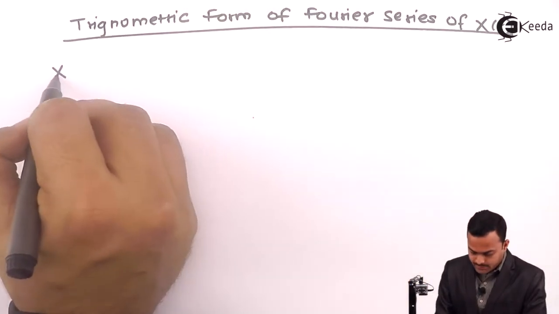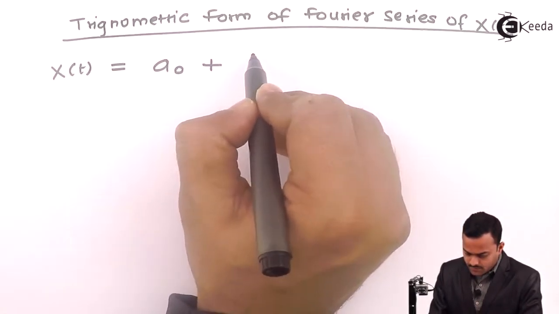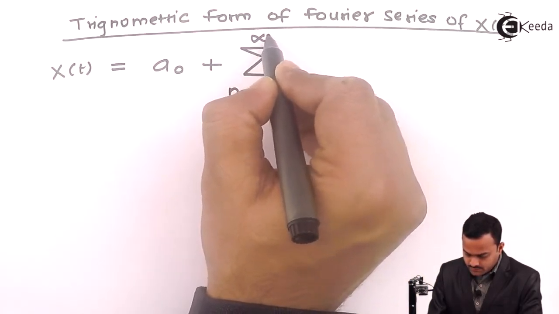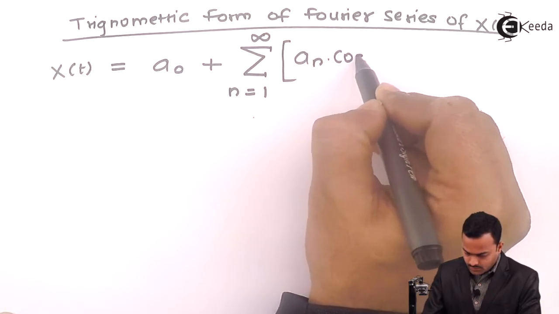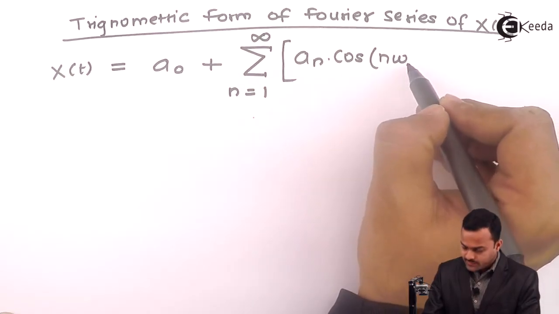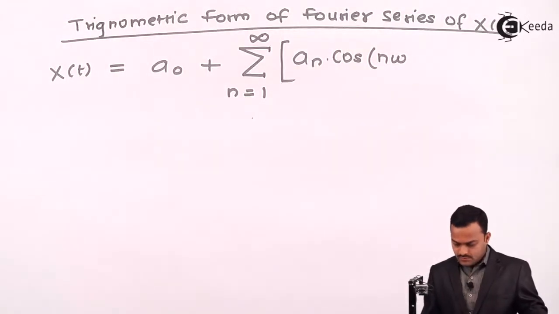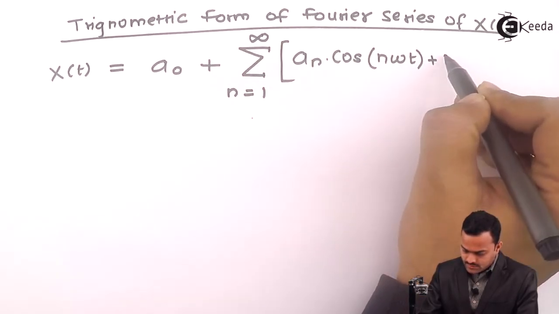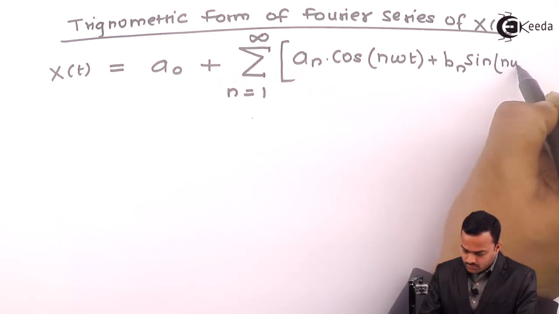So x of t can be represented like this: a DC term a0 plus summation n from 1 to infinity of an cos n omega t plus bn sine n omega t. Here omega, or omega 0, is nothing but the fundamental frequency, whatever we have calculated over here.